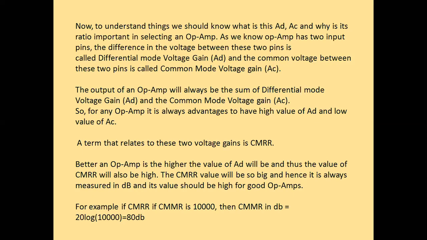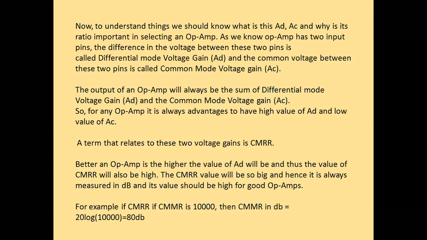As we know, the common mode gain will be less when compared to the differential mode gain. So if the value of AD is high when compared to the value of AC, then that type of operational amplifier will have more advantages.